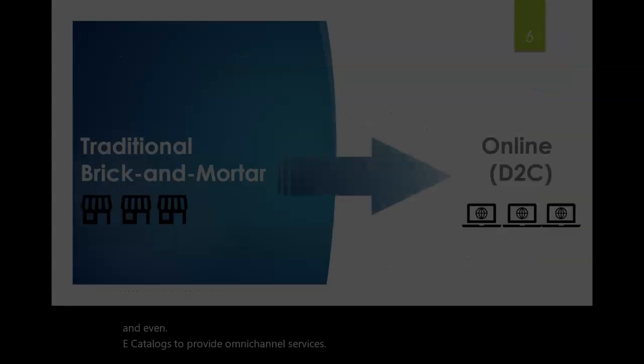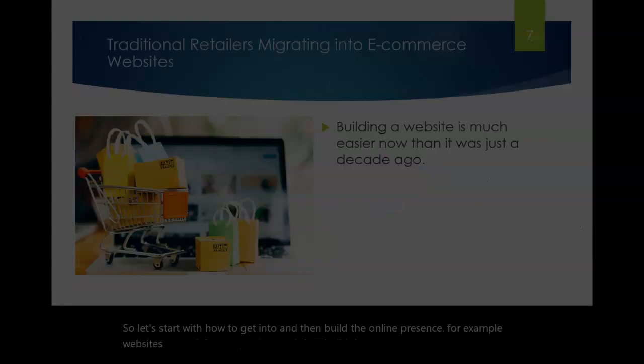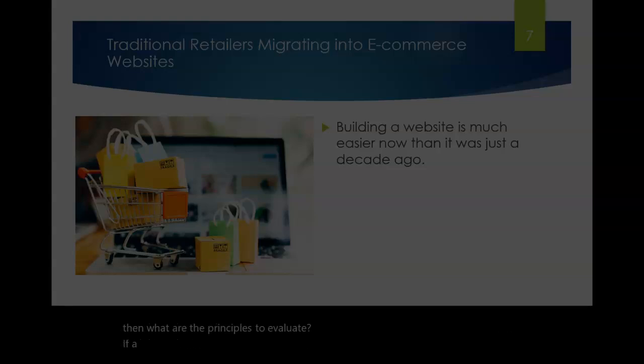So let's start with how to get into and build the online presence, for example, websites. In this section, I want you to bring your perspective from a regular consumer to a professional retailer and think about how a website is built, and what the principles are to evaluate if a website is effective.